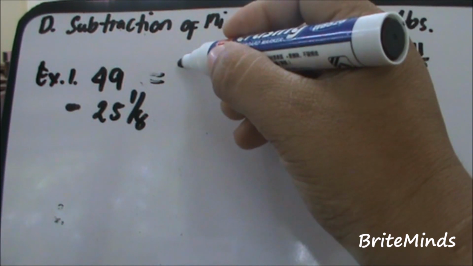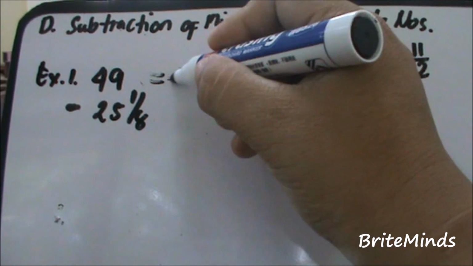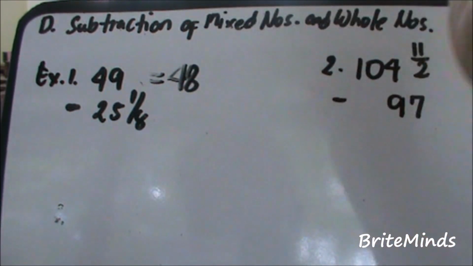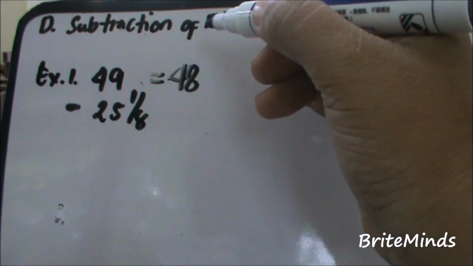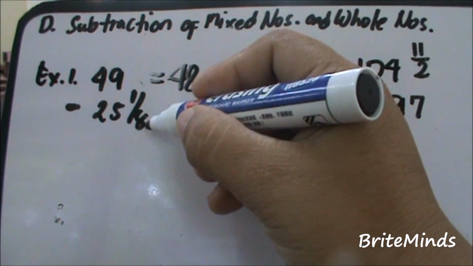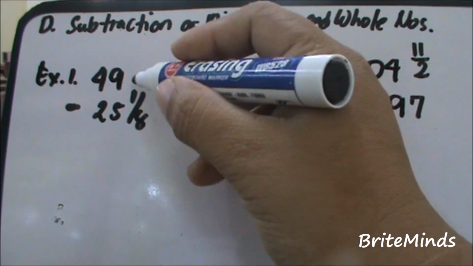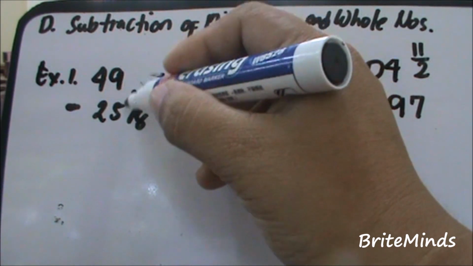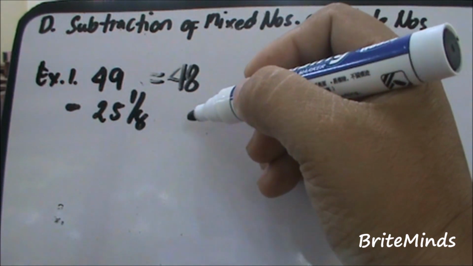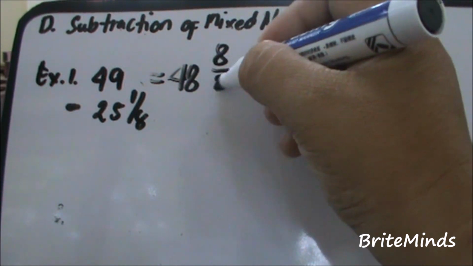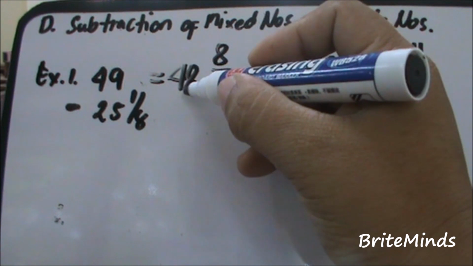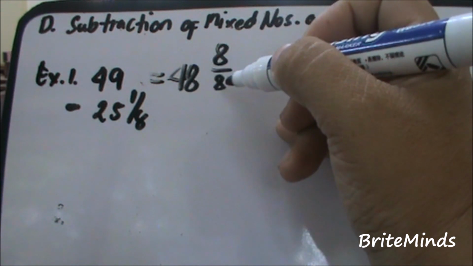So 49 will become 48. And then the 1 unit we need to convert into an improper fraction with the same denominator as in the fractional part of the subtrahend. So 8 over 8.